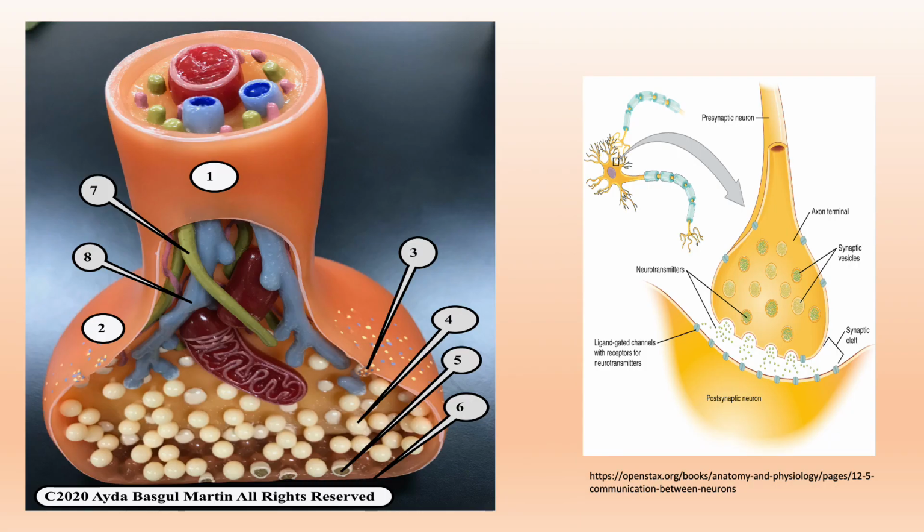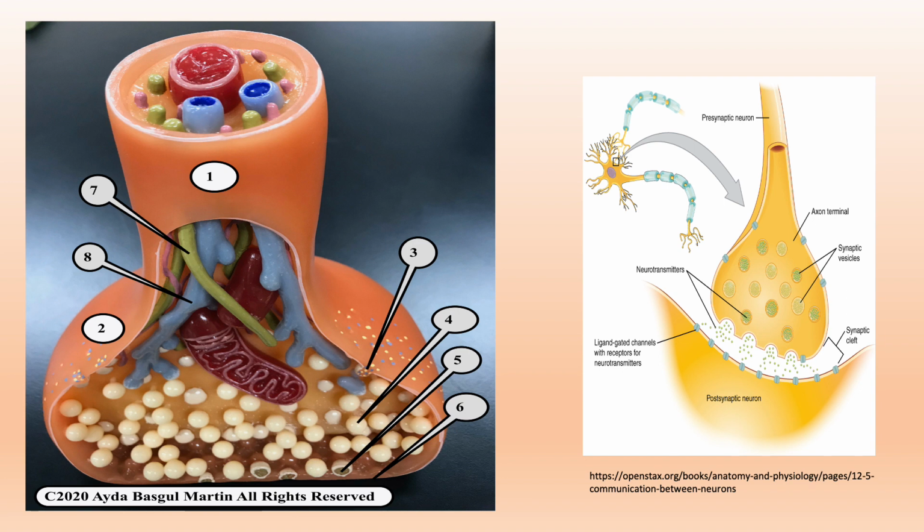Okay. Now, when we look at the terminal endings, this is a good model of the synaptic knob. Number 1 represents the axon. Number 2, synaptic bulb or synaptic knob. And number 3, showing the ion channel. 4 is the synaptic vesicle.